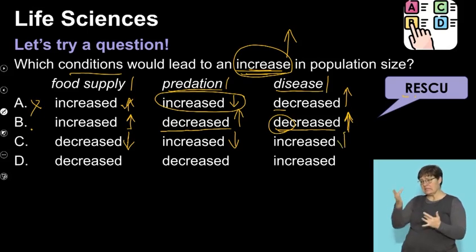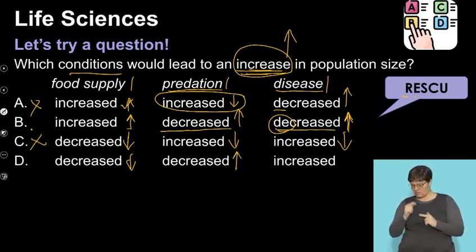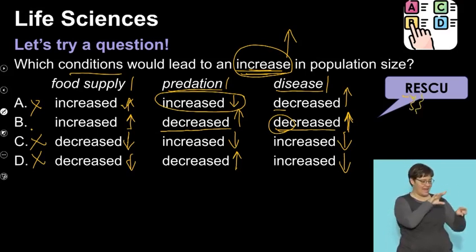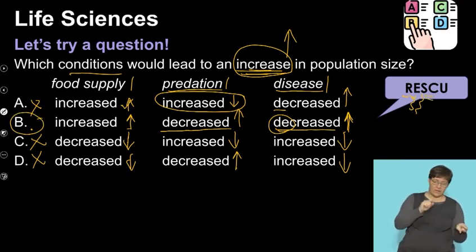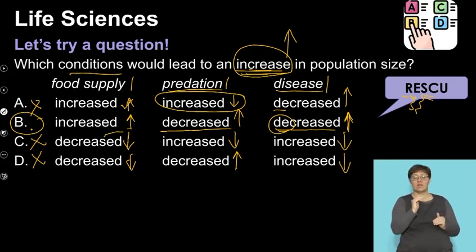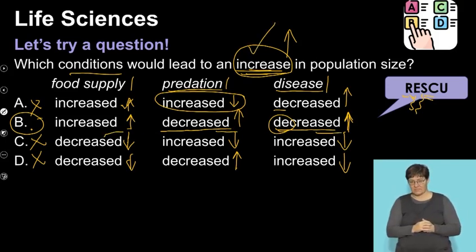An increase in disease, that one is definitely needing to be eliminated. Decreased food supply. Decreased predation will increase the population size, increased disease will decrease, and so I've eliminated. Now I'm going to select that B is my answer. I'm going to check it. An increased food supply, a decreased predation, and a decrease in disease is definitely going to increase my population size.